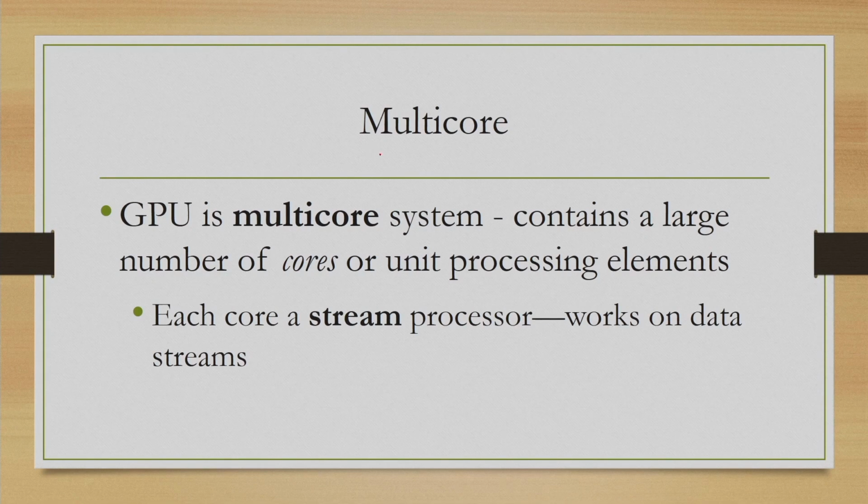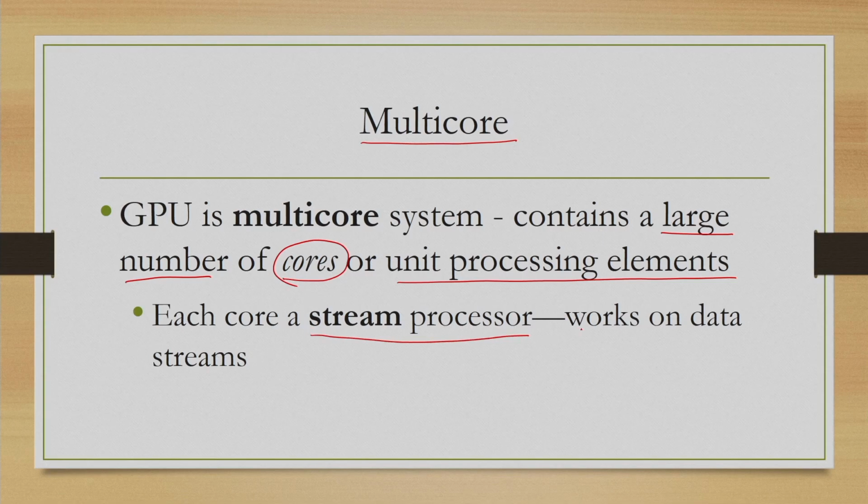Now, we have to note that GPU is a multi-core system. That means, it contains a large number of cores or unit processing elements. Each of these cores or unit processing elements is called a stream processor, because it works on streams of input data.